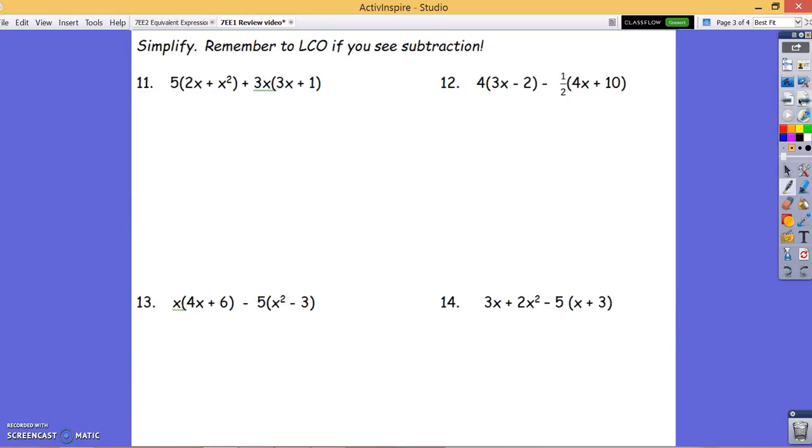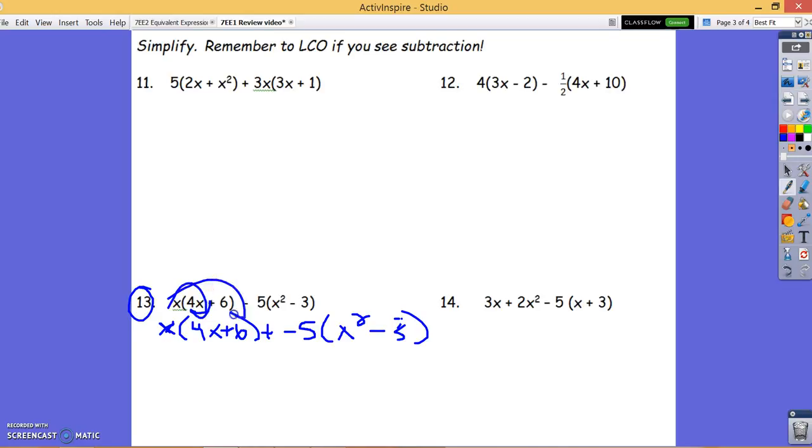Okay. Next one, very similar, except the leave change opposite here is super important. In fact, you can't even get the right answer here unless you leave change opposite first. So I'll try number 13 with you. x times the quantity 4x plus 6, plus negative 5 times the quantity x squared minus 3.